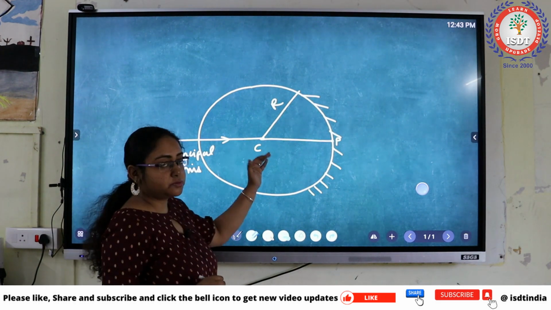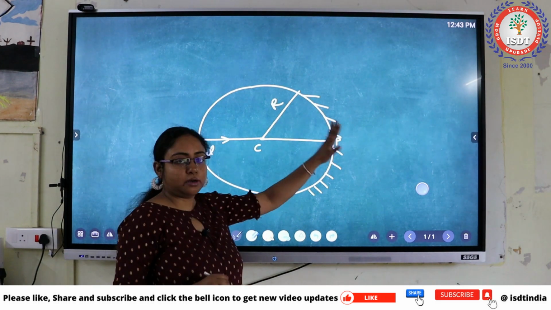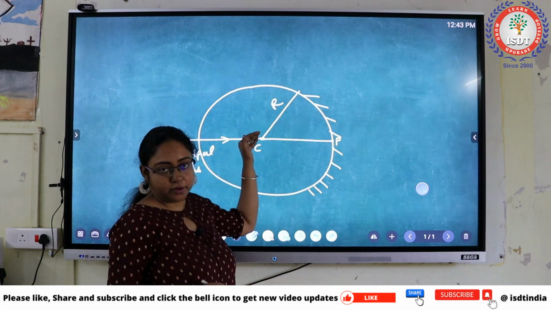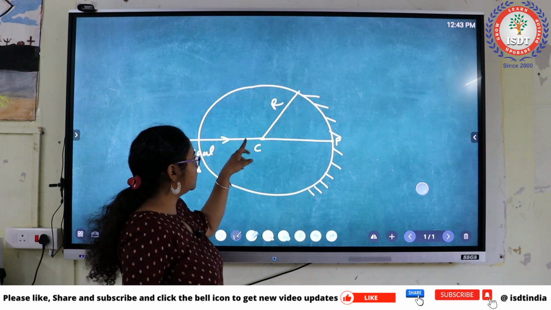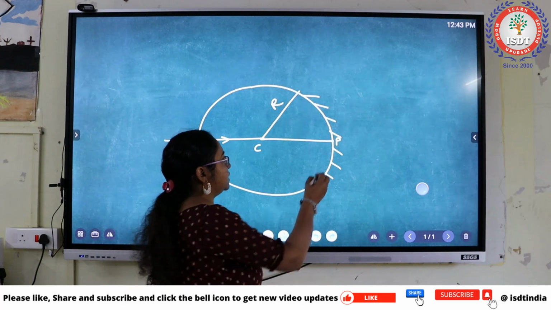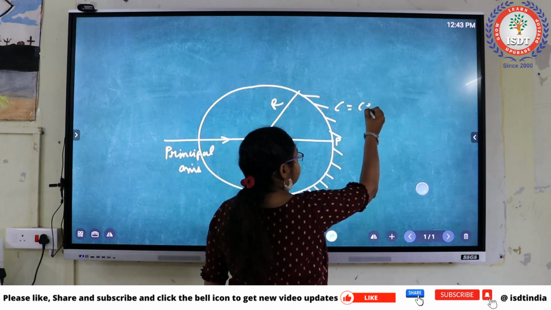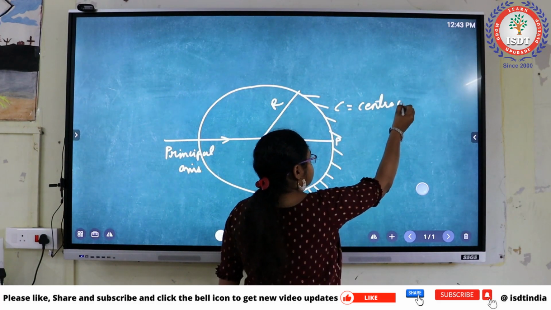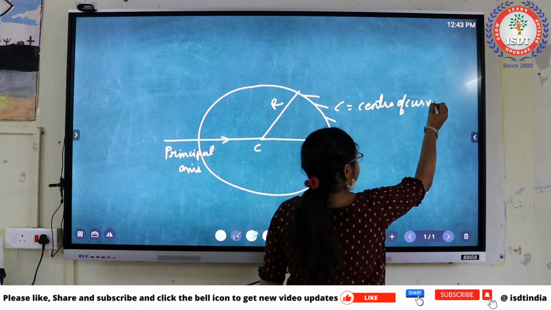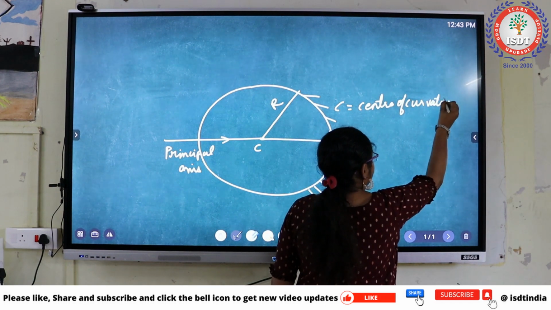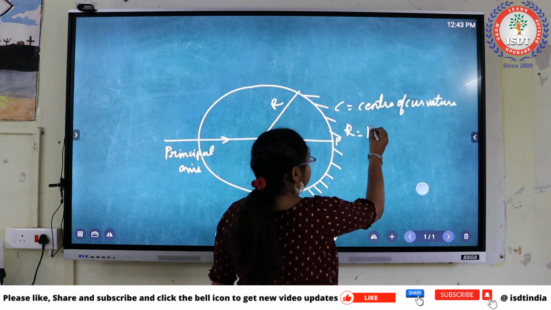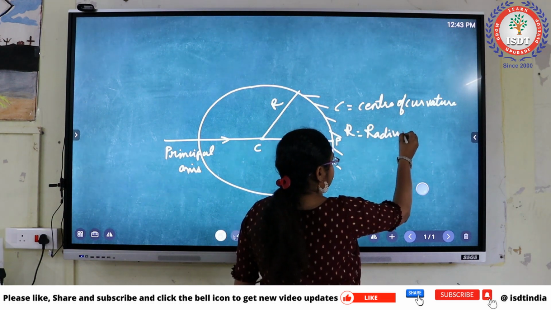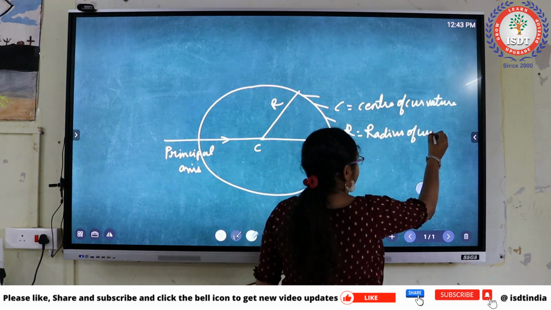This is the principal axis which passes through the center of curvature and the pole, and this is the radius of curvature. C is the center of curvature. R is the radius of curvature.